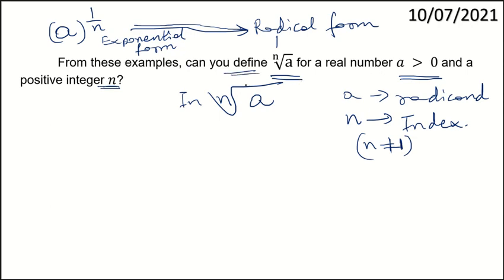You can pause the screen and write down here: in this radical form, nth root a is called radicand, n is called index, where n is a positive integer not equal to 1. And this symbol is called radical sign. You can pause the screen and write down all this. After that, I will go for defining.